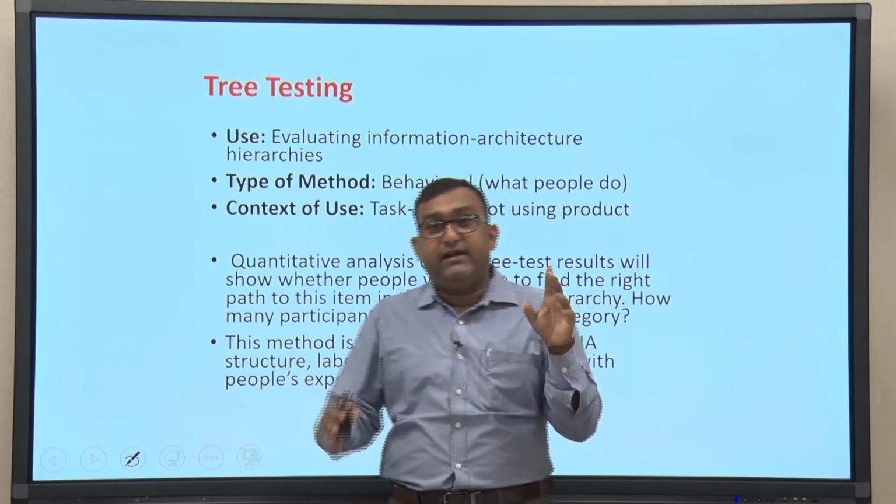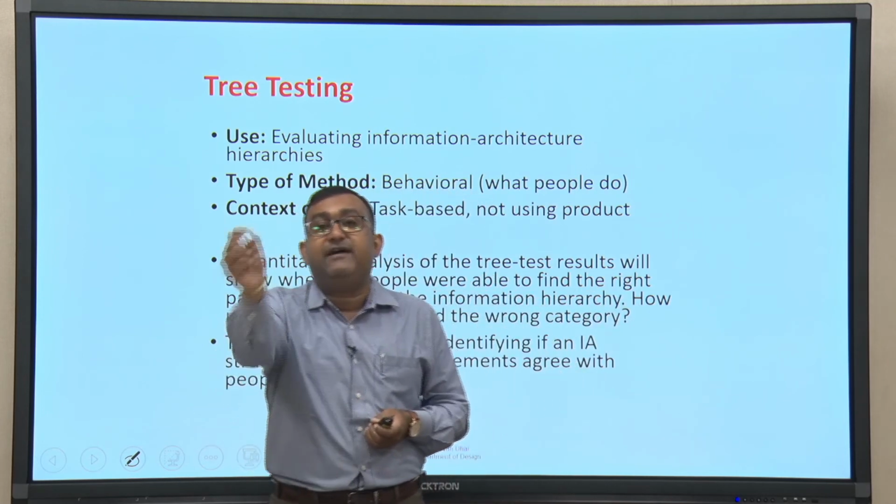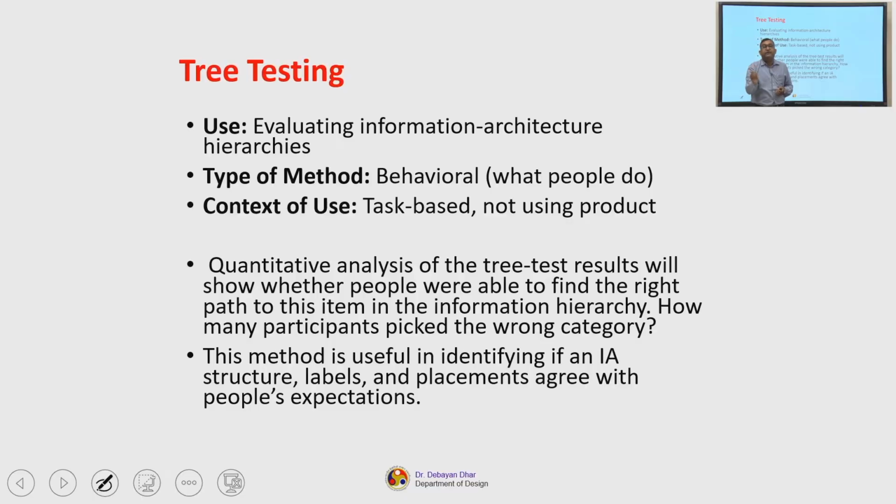In the example that we discussed in the last module, if you remember, we asked them to look at information and tell us what they meant by that, or how to do that activity, or how to establish a business. There is a task given to them. The context is task based; although they are not using the product, they are using the hierarchy to complete a task that is given by the designer.